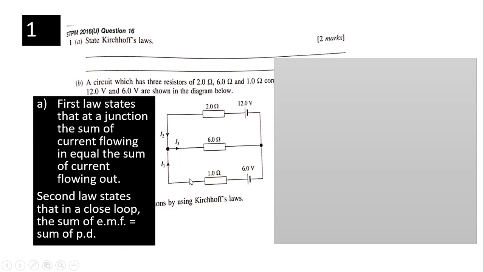How are the currents related to each other? That's the first step. How do these 3 currents relate to each other? I1 plus I2 equals I3. That's your first step.